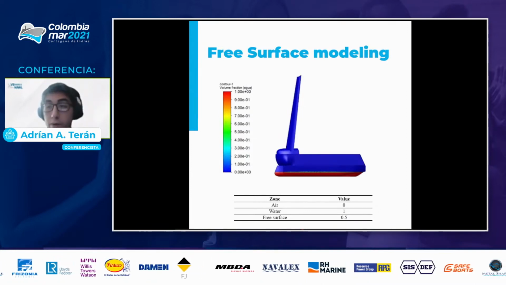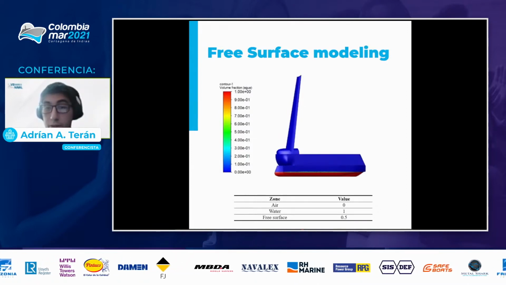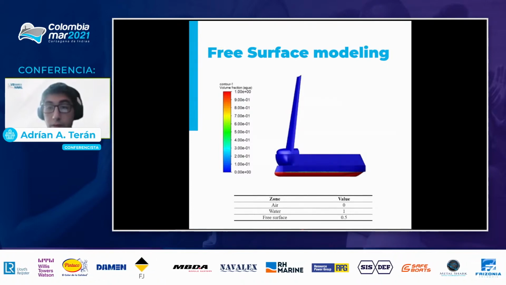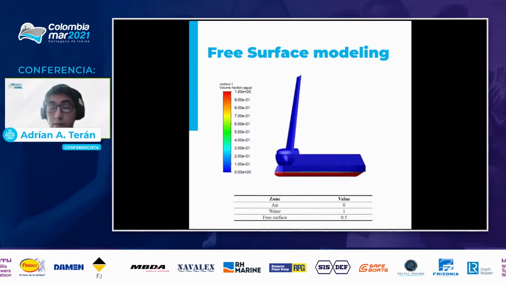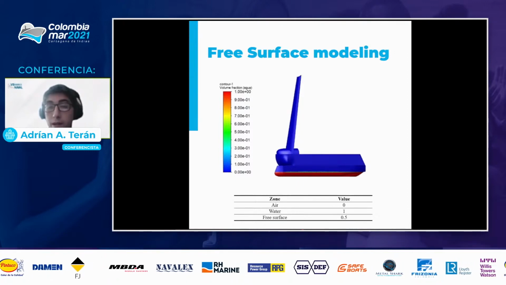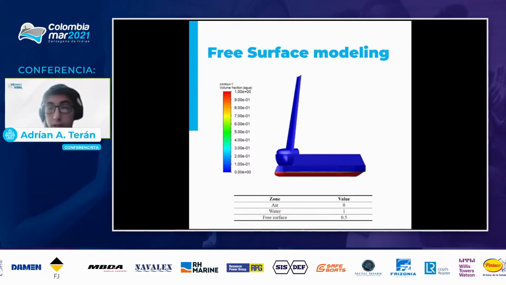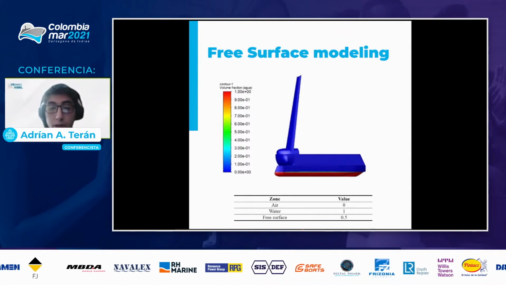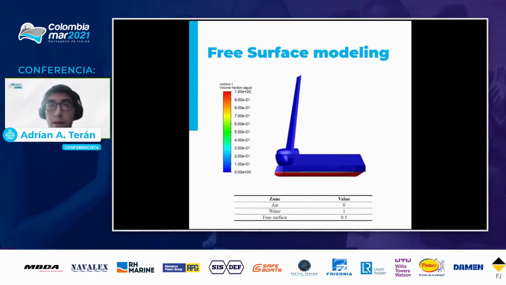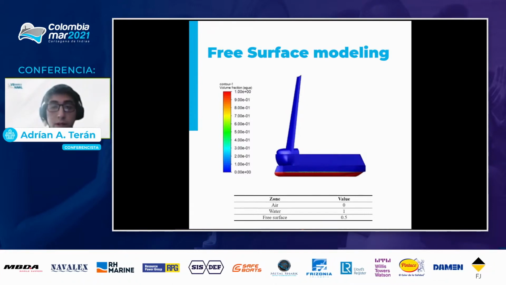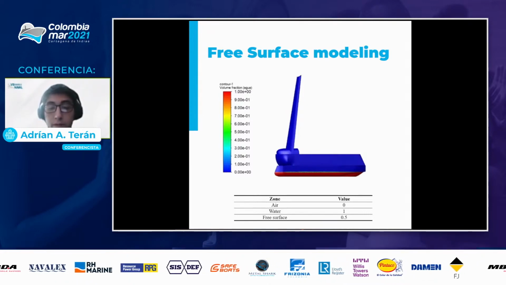Besides, to be able to capture or depict the free surface, we use the VOF model, which adds another variable to the cells where we're making all of the calculations, which actually represents the fluid within each cell.